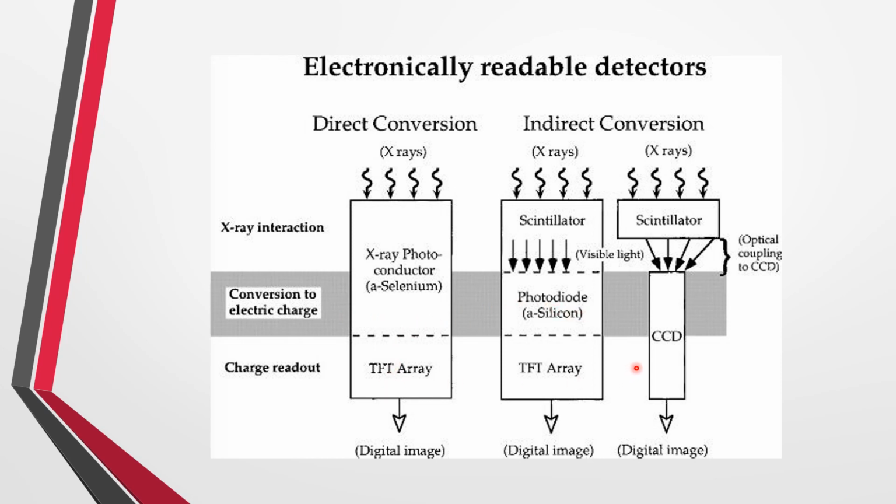You can see here, the electrical charge conversion happens at the photodiode, and that can go to a TFT array in this technology, the CCD or the CMOS technology. In the indirect conversion, where there's light being produced, it doesn't get converted to an electronic signal until it hits the CCD. So that's some interesting things to think about in this whole process of how things happen.